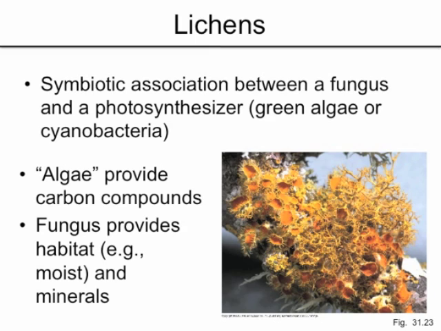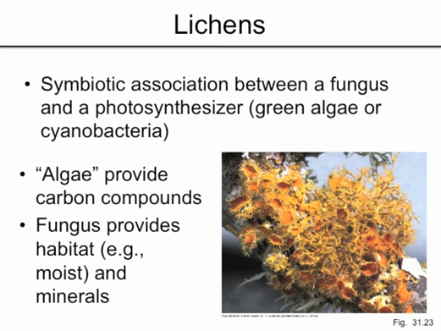Lichens are really common in the Arctic, where it's a really harsh climate for anything to grow. They're one of the first things to grow, so in the harshest climates you'll find lichens. They're really hardy species because they take kind of the best of both. They have a really powerful, efficient photosynthesizer in the algae, and they have a really good habitat producer in fungus, and they both work together to make this work.